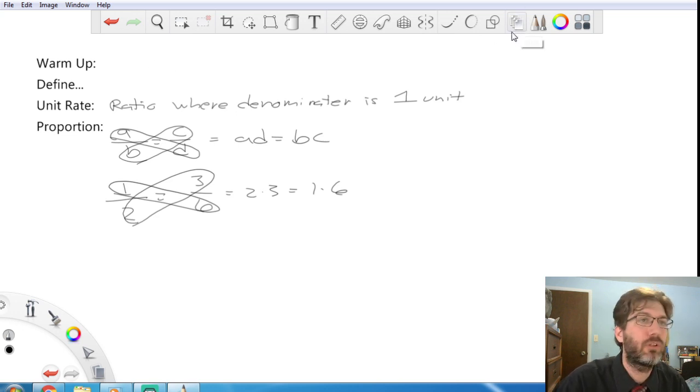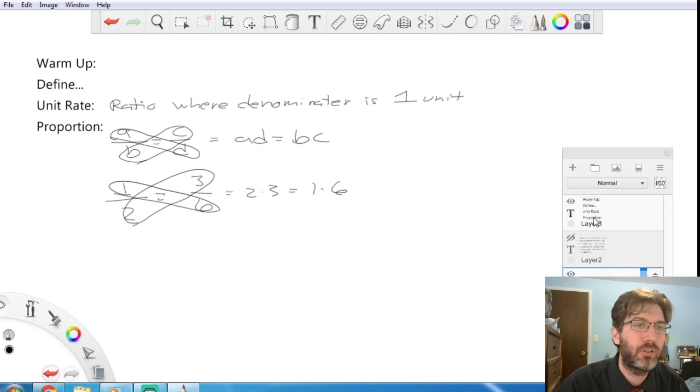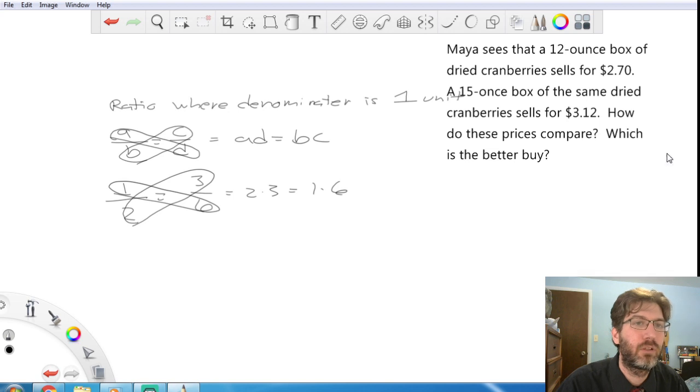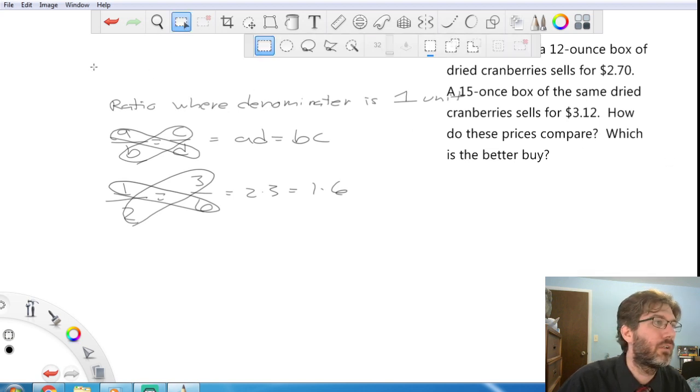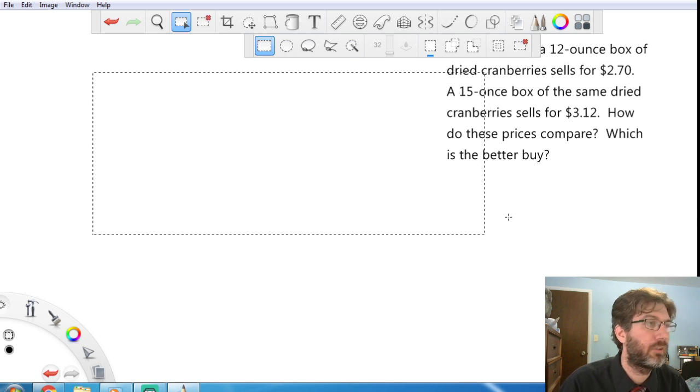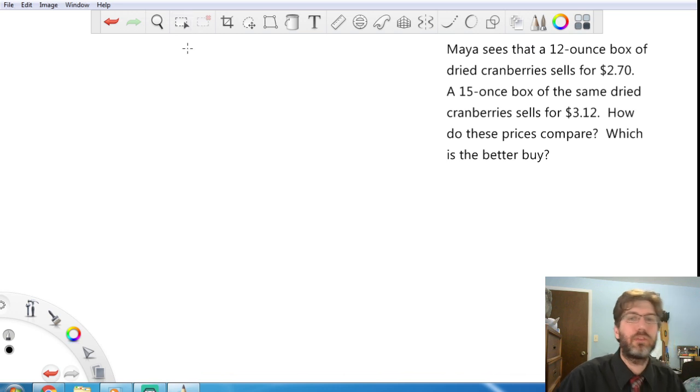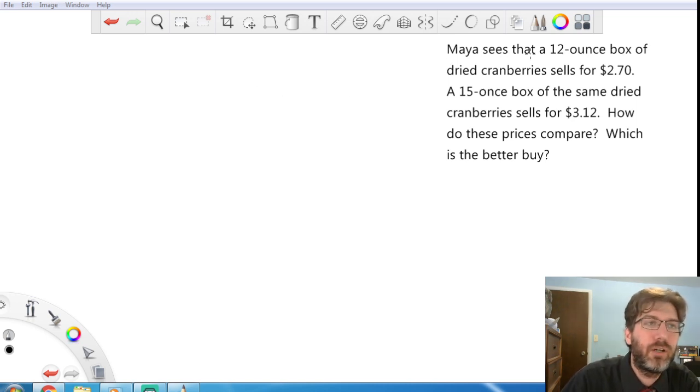If you are following along with the PowerPoint, your next problem is this one. And hopefully I'm in the right layer. Good. So let's go ahead and look at this problem. Maya sees that a 12-ounce box of dried cranberries sells for $2.70 and a 15-ounce box of the same dried cranberries sells for $3.12.